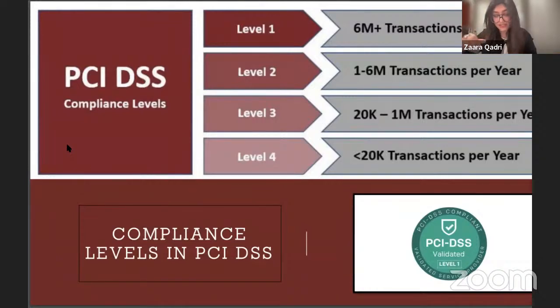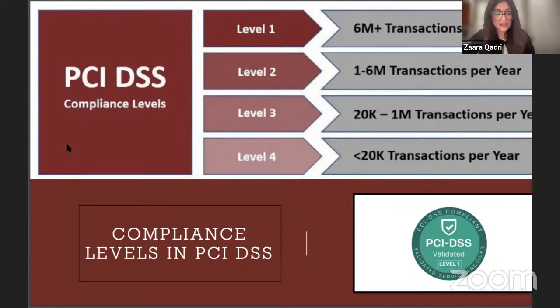Every year, you must undergo a comprehensive on-site assessment that is going to be conducted by a QSA, Qualified Security Assessor. This in-depth audit is going to ensure that your entire payment environment is secure. Additionally, you will need to run quarterly network scans that are approved by an ASV to catch any vulnerabilities before they can be exploited. Sorry, if you don't know what ASV is, it means approved scanning vendors.